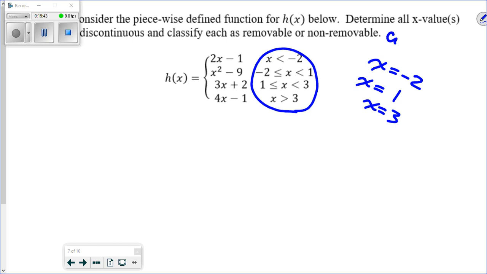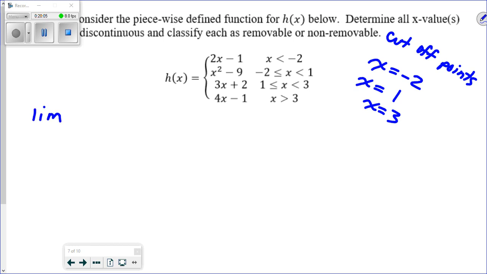Okay, these are what I would call the cutoff points, or those are the values of x where we might have a jump discontinuity. So how do we determine if we have a jump? You evaluate your one-sided limits. So, let's just jump right in.